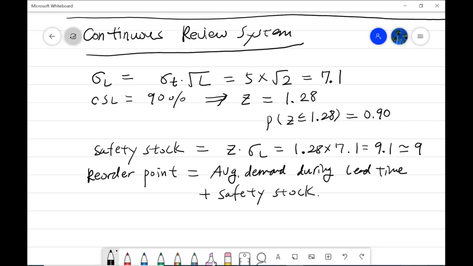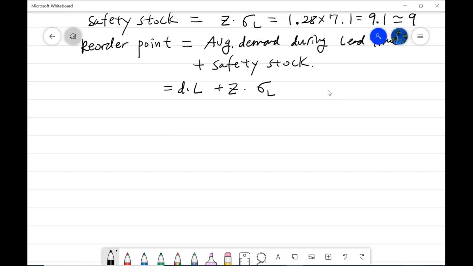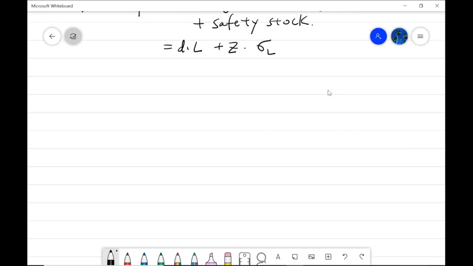That is D multiplied by L plus z multiplied by sigma L. So here, the weekly average demand is 18 and the lead time is 2 weeks, plus the safety stock is 9, so the reorder point is 45. Okay, so this way I can determine when to order, the reorder point.